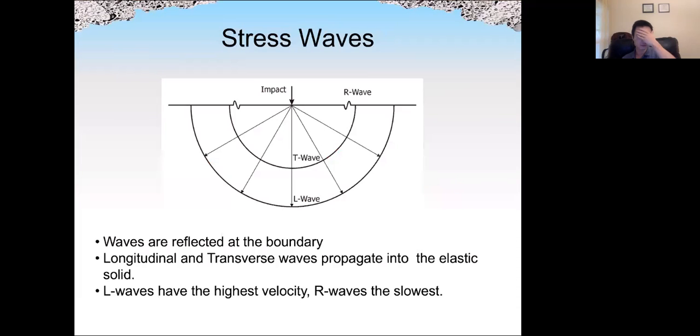When you use a hammer to pound the concrete, and you send not only one wave but several waves, let's say here is the point of impact. Some waves are reflected only near the boundary.